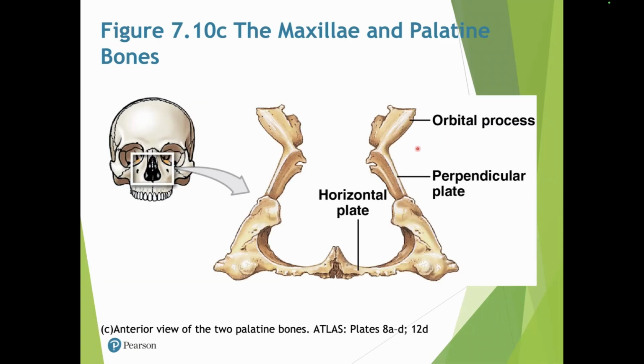Now, when we look here, we can see the anterior view of the two palatine bones. Here is the horizontal plate, okay? Here's the perpendicular plate. Why is it perpendicular? Essentially, it's almost perpendicular to the horizontal plate. And then the orbital process is going to form part of that eye socket.